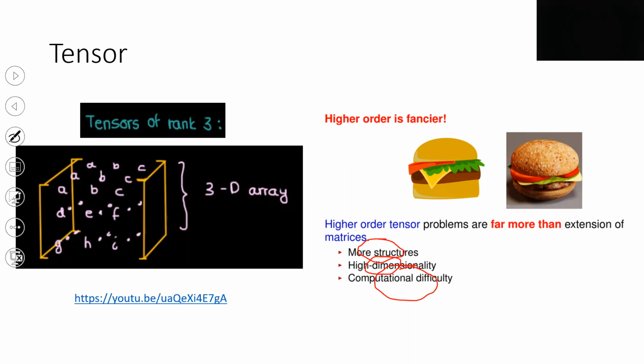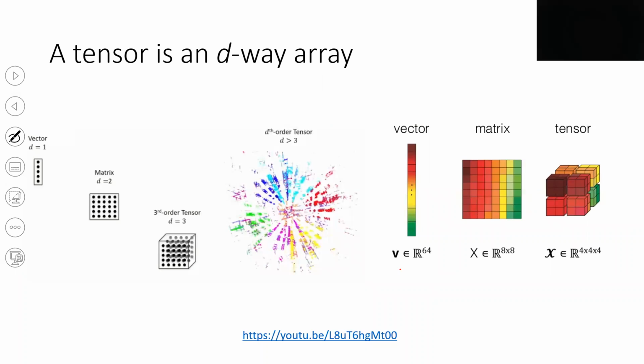You can have even higher dimensions for a tensor. So 1D is a vector, 2D is a matrix, 3D is a third-order tensor, and then you have even higher dimensionality. In this example, you have a vector of 64, a matrix of 64 by 188, and this is 4 by 4 by 4.